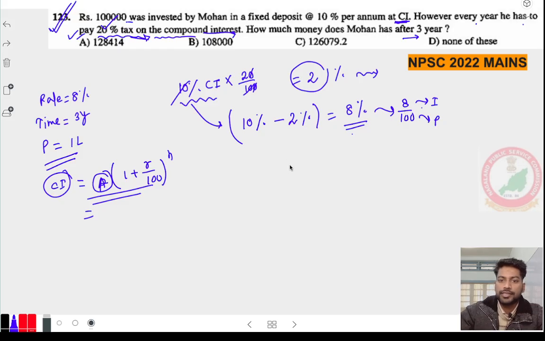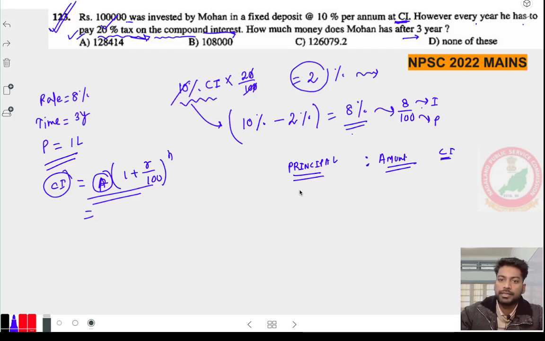So I can write like this one, principal, and then here it will be आपका compound interest, amount, ratio बना दो, and then there will be compound interest like that.